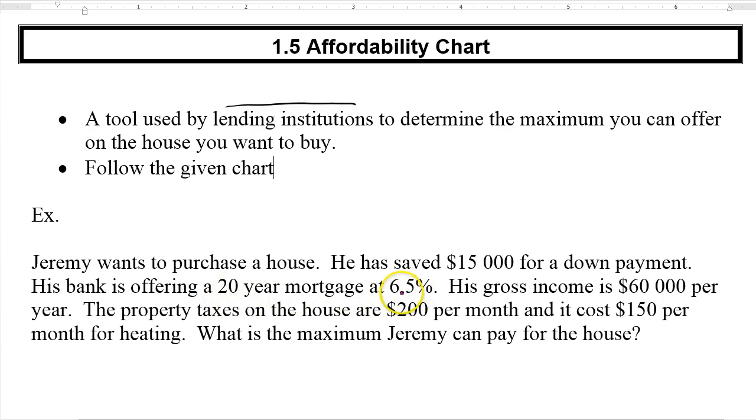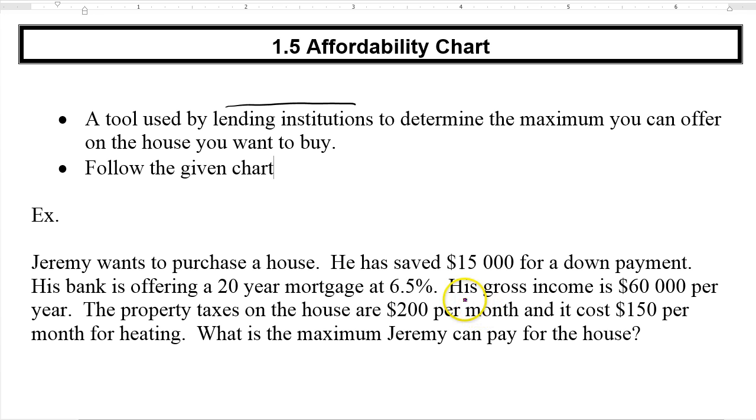You'll notice we're seeing a lot of the same numbers. 20 years for 6.5%. Well, that's what we use to find our monthly mortgage payment. Our property taxes and our heating costs are very, very similar to our gross debt service ratio. Just like the gross debt service ratio, we need to make sure all of our numbers are in monthly.